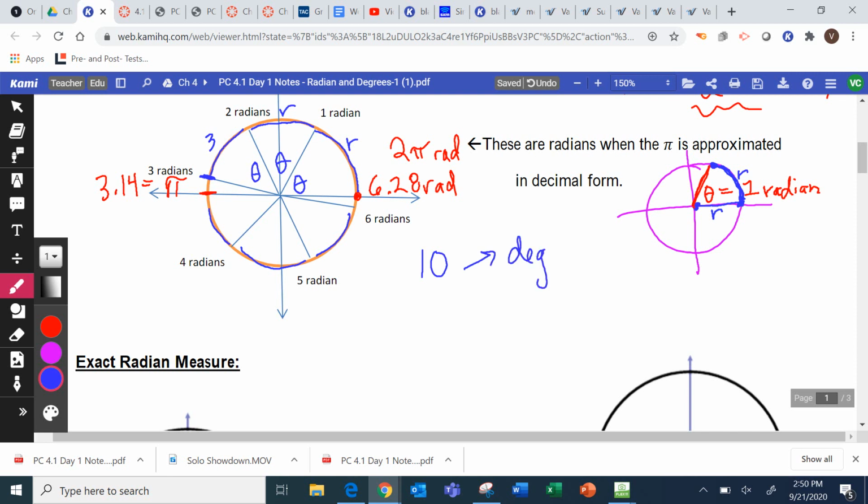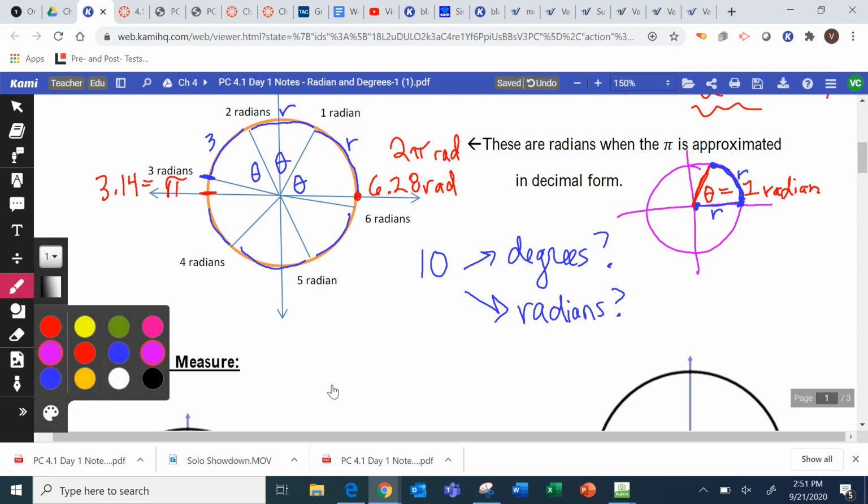If you see the number 10, how do you know if that is degrees or radians? Looking at 10, I would have no idea. So what we have come up with is the idea that if it is degrees, there will be a degree symbol.